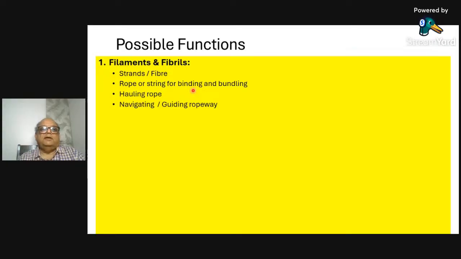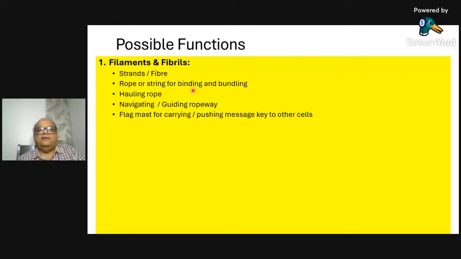Okay. And it could navigate, and it could guide something that wants to find its way. Okay. So it could be like a rope carriage. Okay. So a guiding ropeway could be like a ropeway. It can navigate, it can carry things along a path.